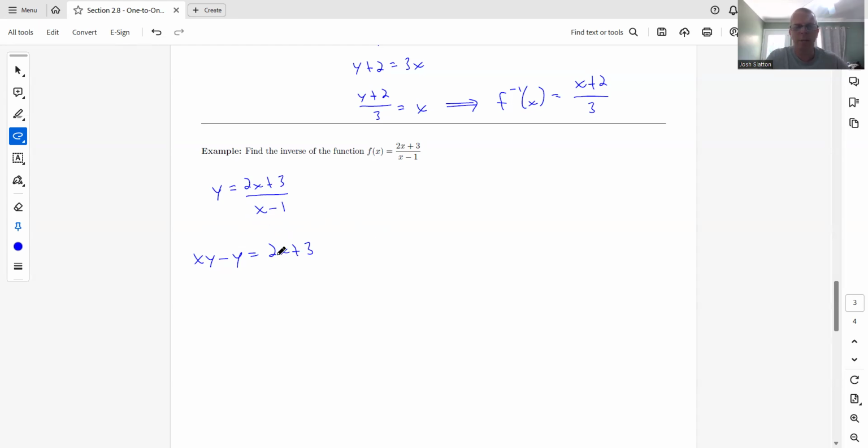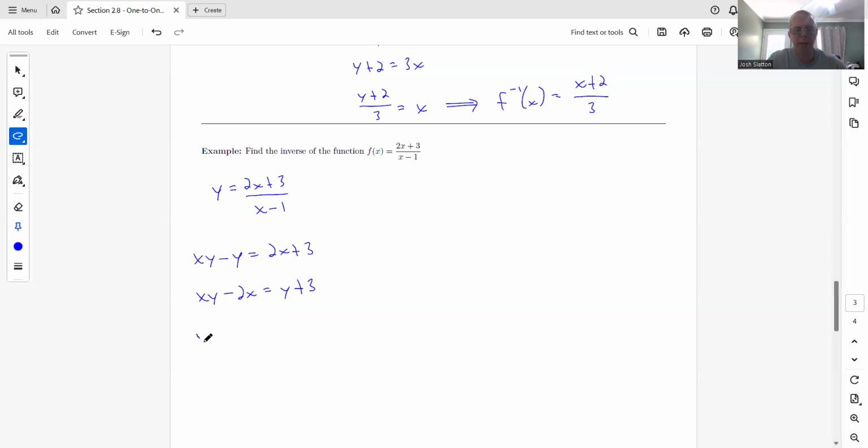So let's get the x terms on one side and the non-x terms on the other side. Let's bring the 2x over, and we're going to bring the negative y over to the other side. So we have xy minus 2x equals y plus 3. Now we have the x's on one side, and now it might be obvious.